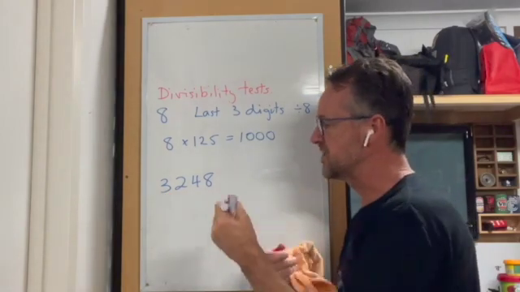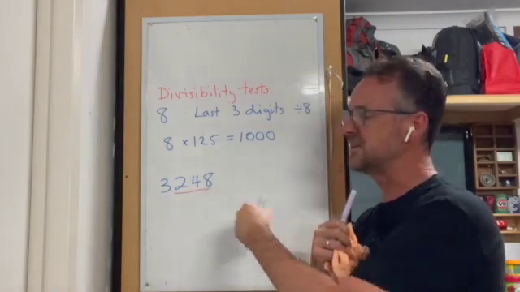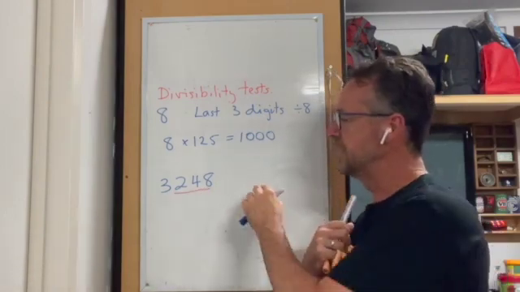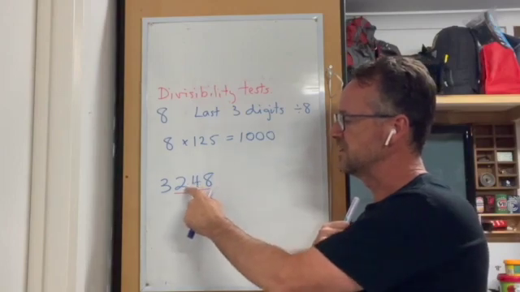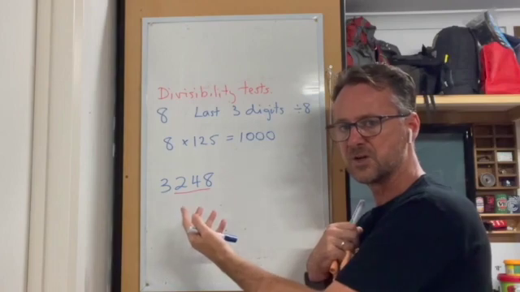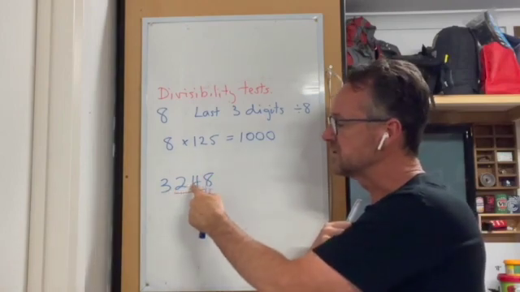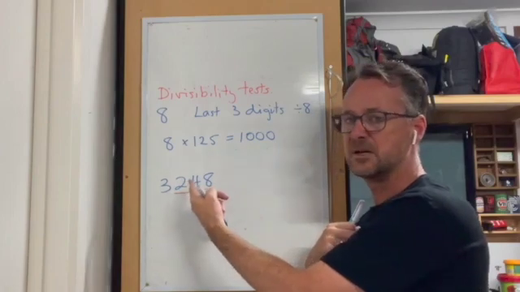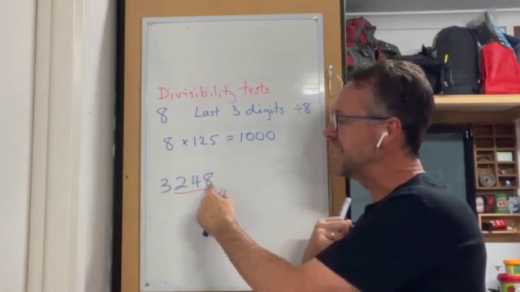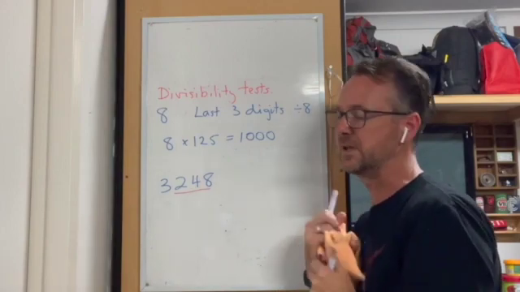We want to look at just the last 3 numbers here, and we want to see, does 8 go into those? And so what I would say, I'd look at this and go, well, 8 goes into 24, 3 times. So 8 goes into 240, 30 times. So it goes into 240 plus 1 more 8, so it's going to be 31. So yes, 8 goes into 248, so therefore 8 goes into 3,248.